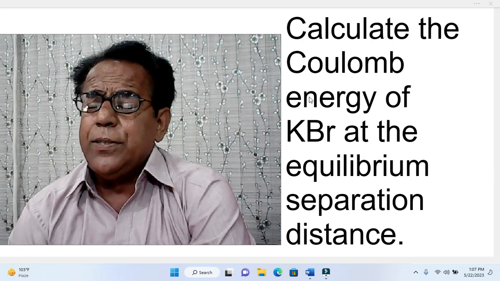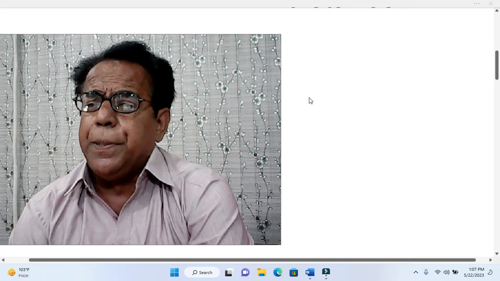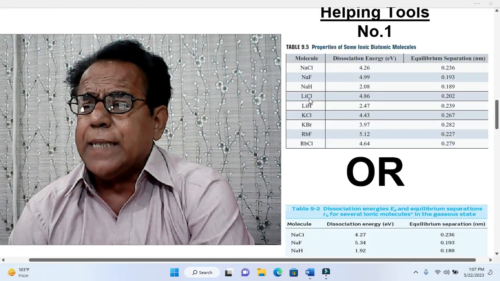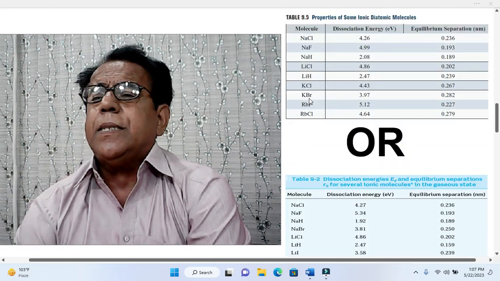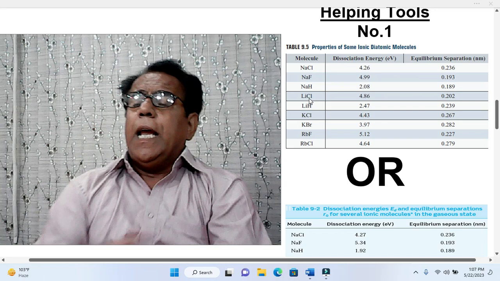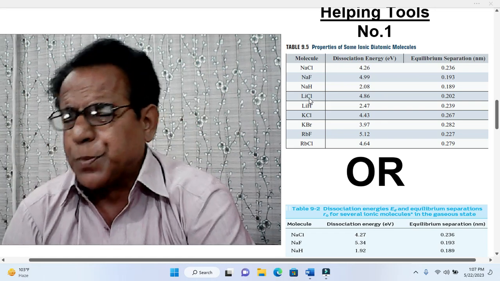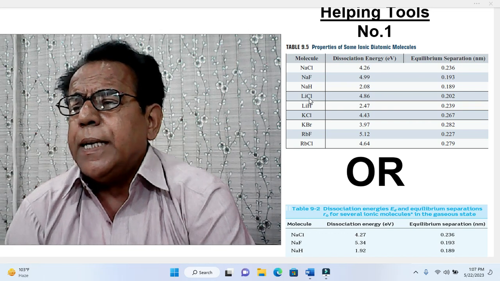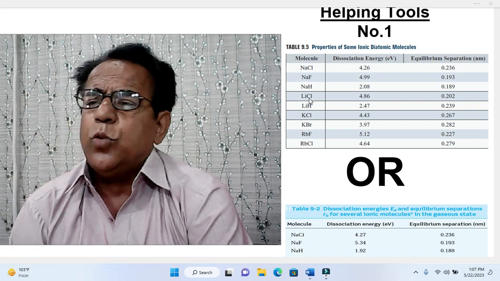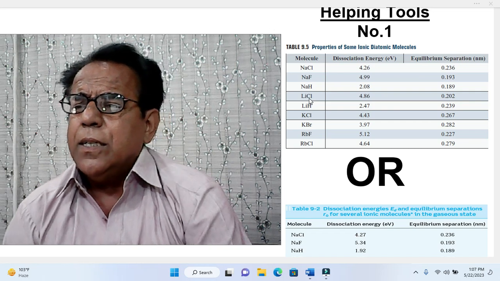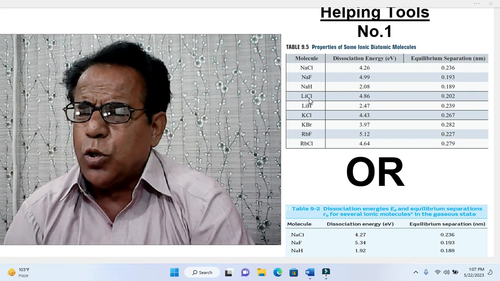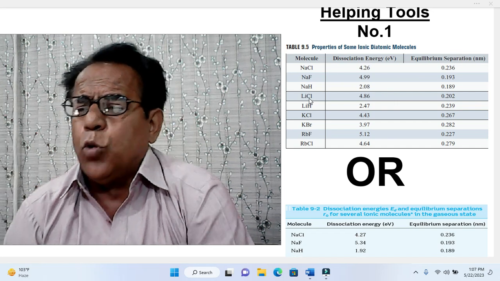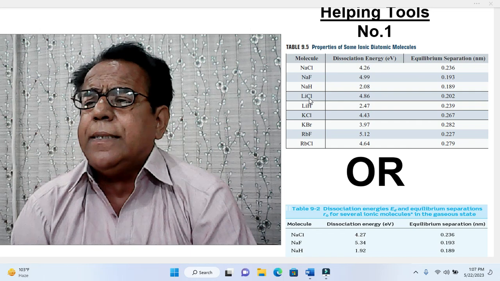Now we move to helping tools. From helping tools we will get some data about this. Helping tool number 1: properties of some ionic diatomic molecules, sodium chloride, sodium F, and so on. At row number 7, KBr is given.